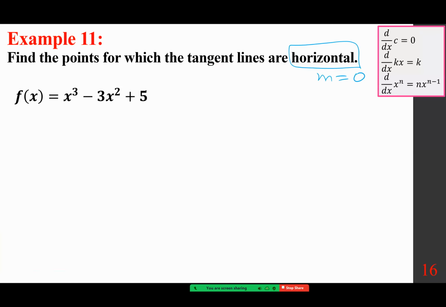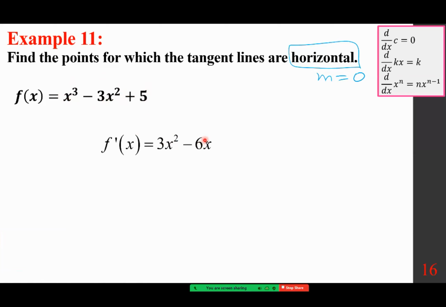So what do we do? Well, we take the derivative of the function, f prime of x, first. 3x squared minus 6x plus 0. We don't write this here. So 3x squared minus 6x.